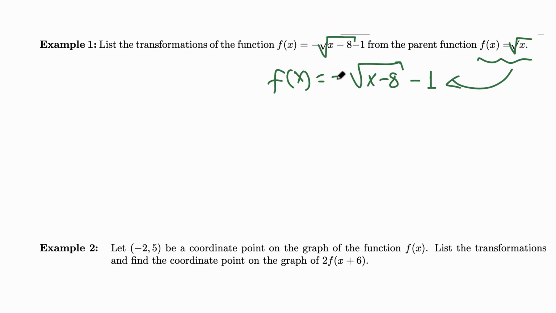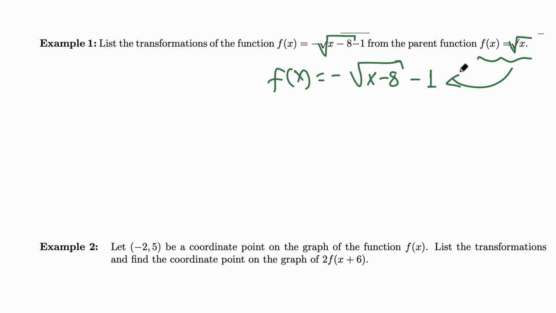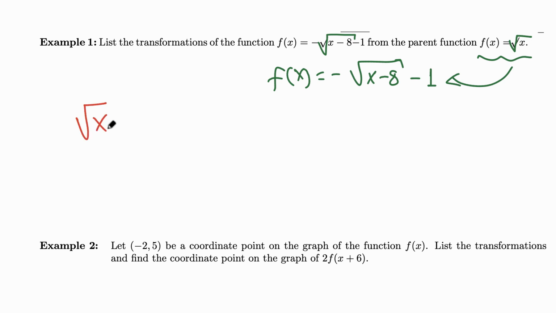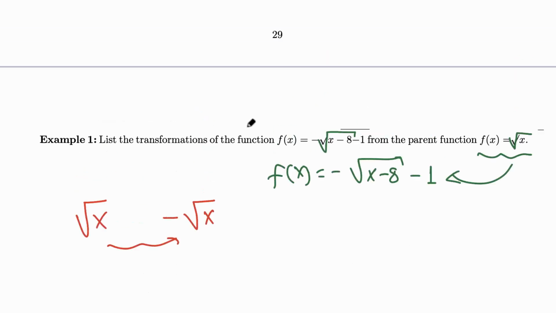So first we can work with the negative outside. We start with x and negative of x. Negative outside of a function means reflection about the x-axis. We just did that one.